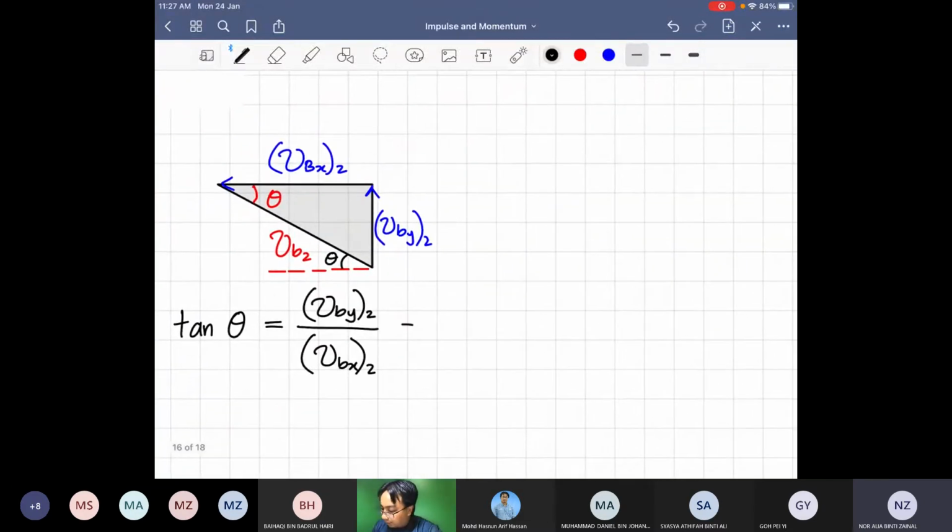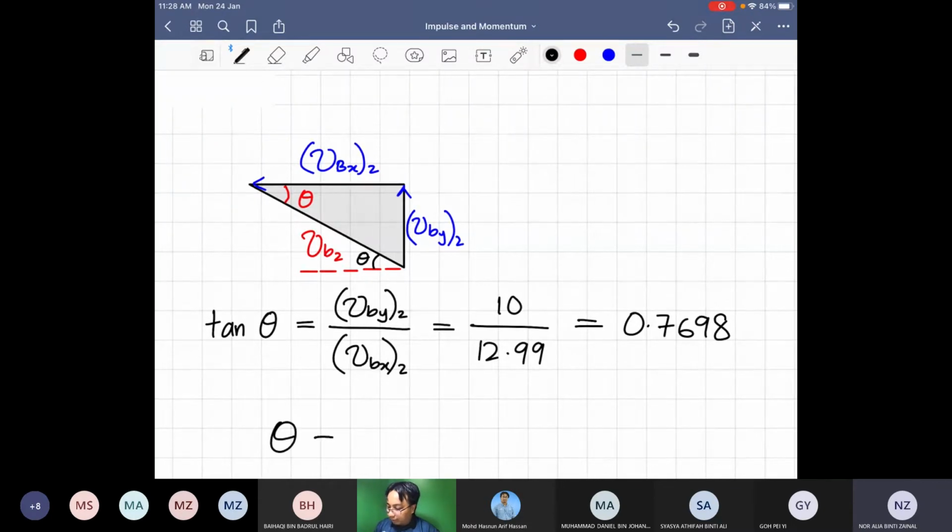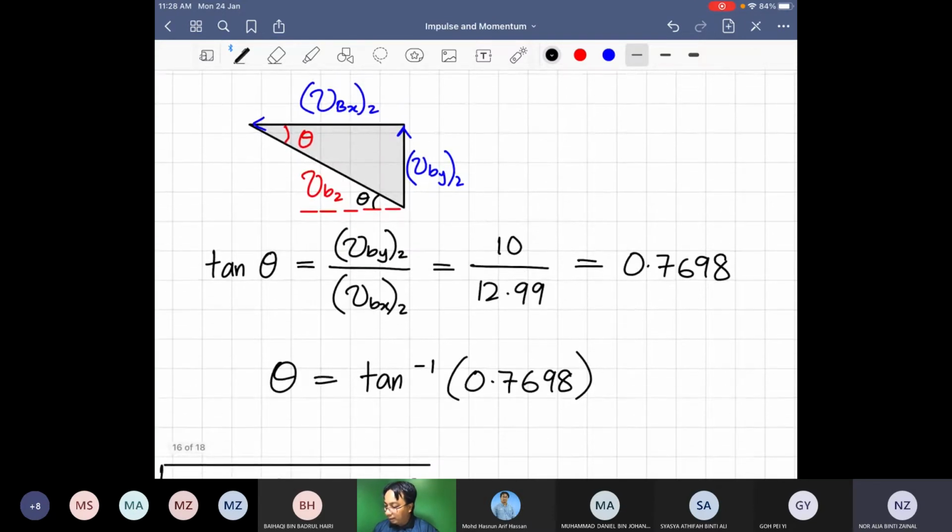So kita boleh tulis sebagai 10 divided by 12.99. So kita dapat 10 divided by 12.99 ialah 0.7698. Ini tangent theta. So theta ialah tangent to the power of -1 lah, ataupun arctangent of this 0.7698. Okay, so in the end kita boleh tulis theta is equal to arctangent of this is 37.6 degrees.